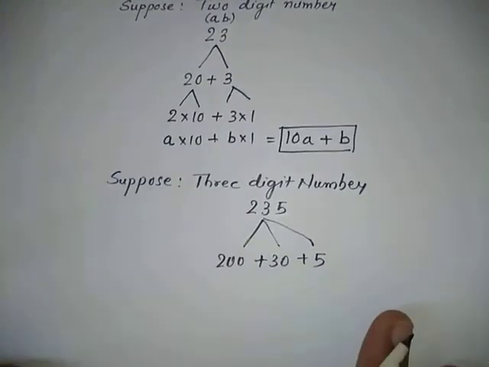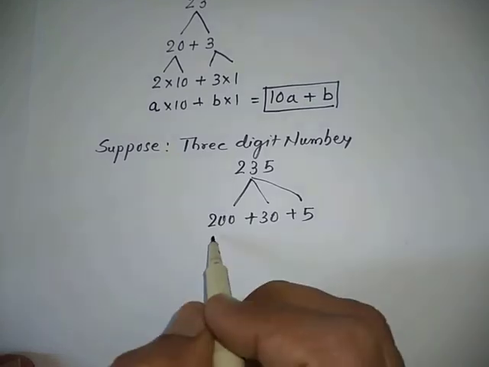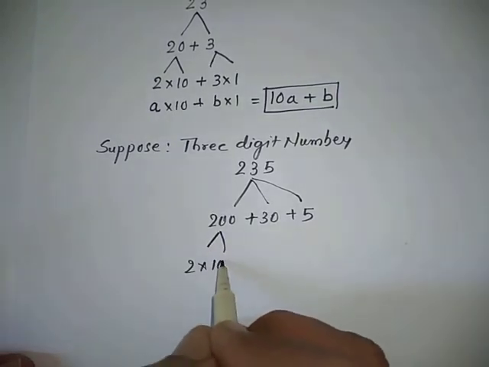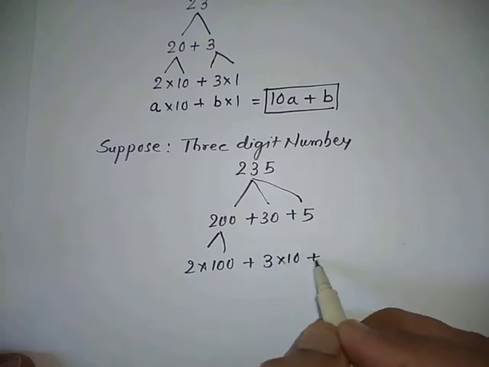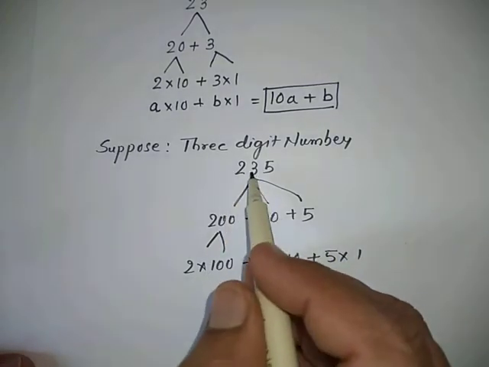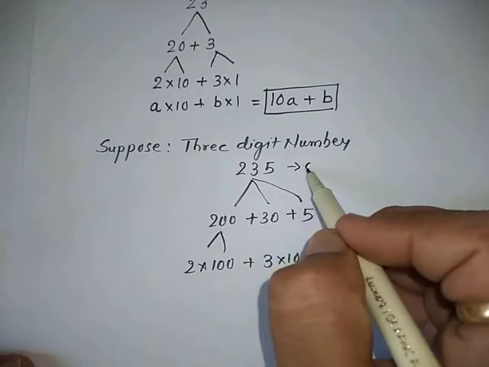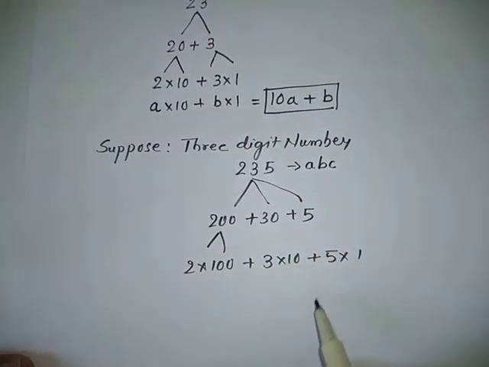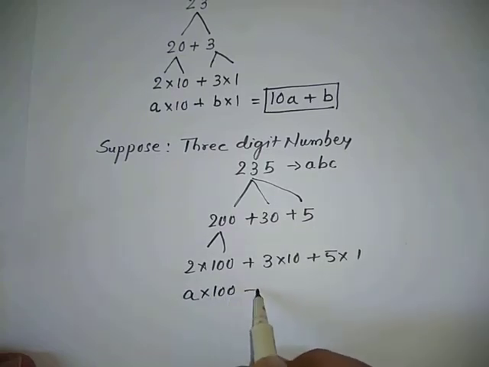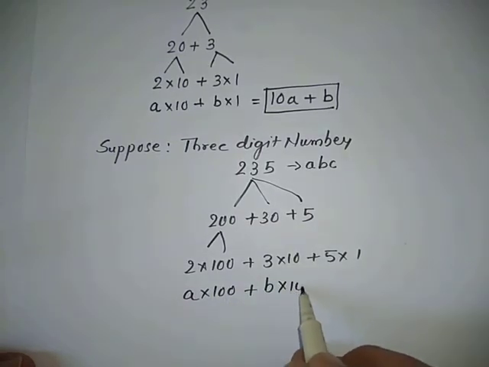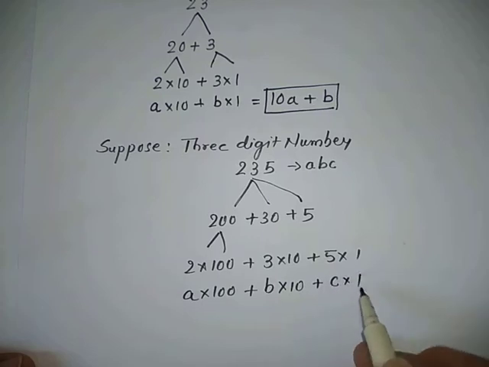And further if we split, we will get 2 multiplied by 100 plus 3 into 10 plus 5 into 1. And this number can be presented as A, B, C, a three digit number. So A into 100, B into 10 plus C into 1.